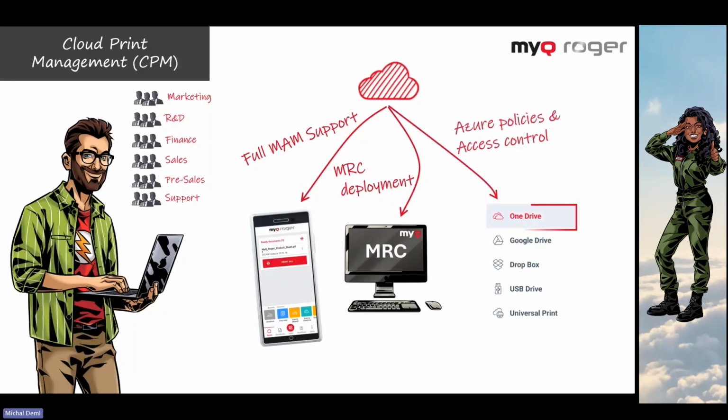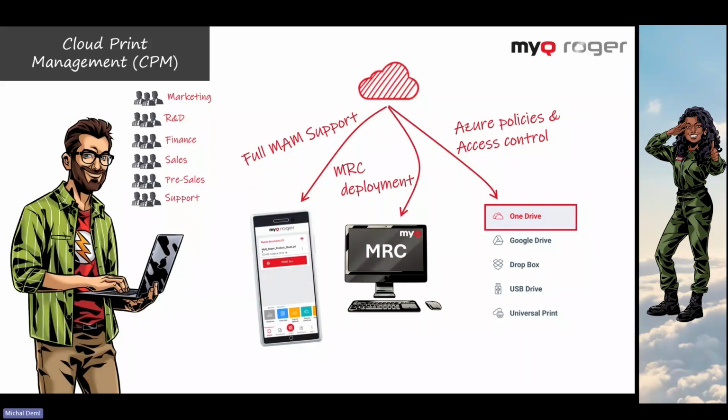The last part I would like to mention here is the access control and secured policy. Now, in the digital workplace assistant application, you've seen that there are a lot of options like to scan to Google Drive, Dropbox, Box.com, or other locations. Now, logically, as part of a big organization, you don't want your users to be able to scan to their private accounts because you have to secure your data.